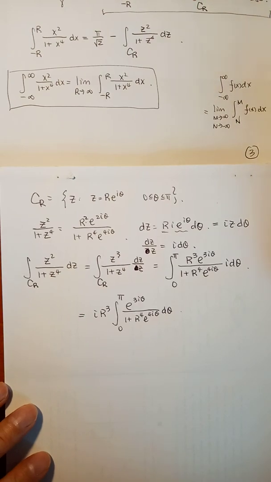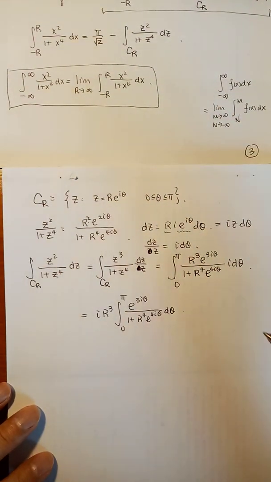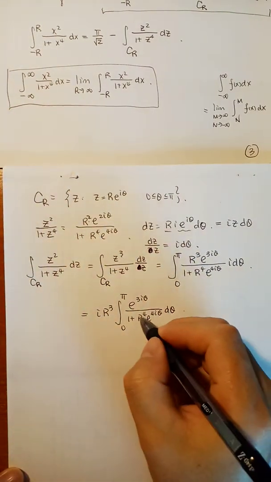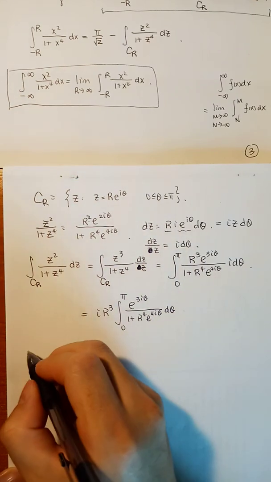That's how we rewrite it in terms of theta. We are going to compute the behavior when R approaches infinity. So when R approaches infinity, what is this stuff? Check here, this R to the 4 e^{4i theta}.